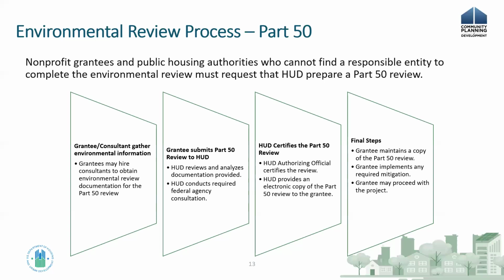So if it's under Part 58 and HUD is conducting the review, HUD will inform the grantee if there are any mitigation measures that need to be implemented. And mitigation describes an effort that agencies must make to avoid or minimize the environmental impacts resulting from the project.